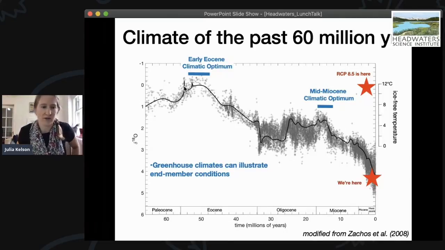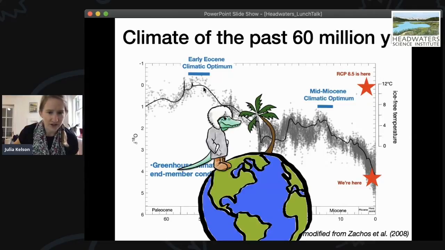So this is the consistently warmest period of time in the past 60 million years. And I put this back up to remind myself to explain to you why I showed this goofy little alligator and palm tree earlier.